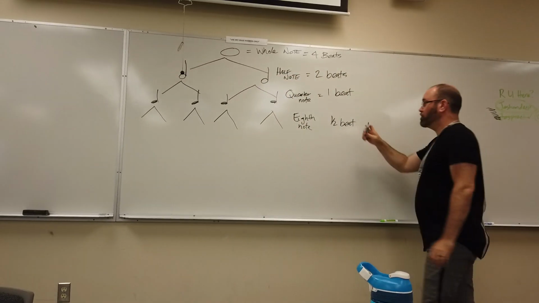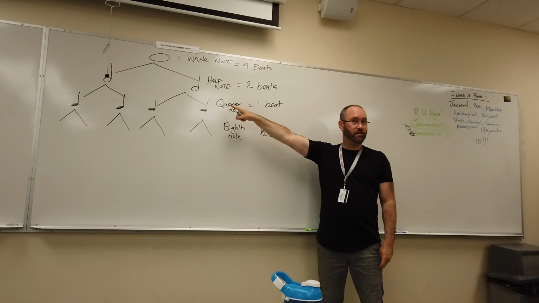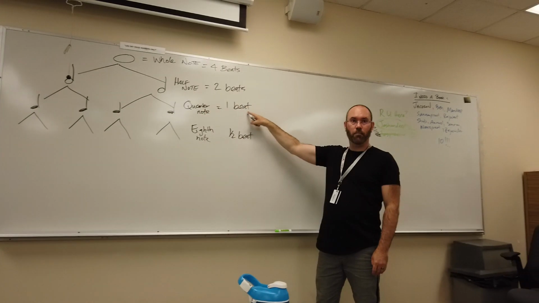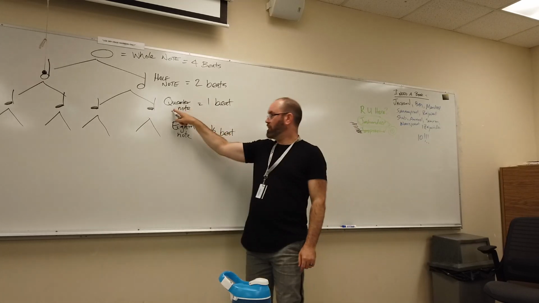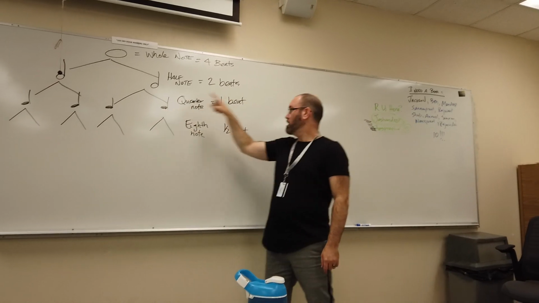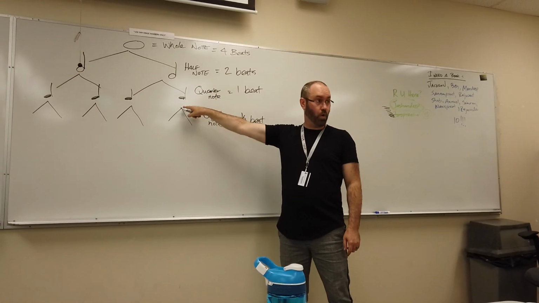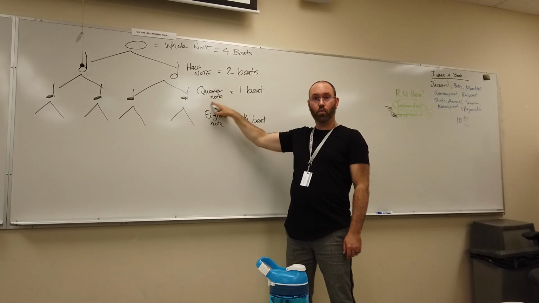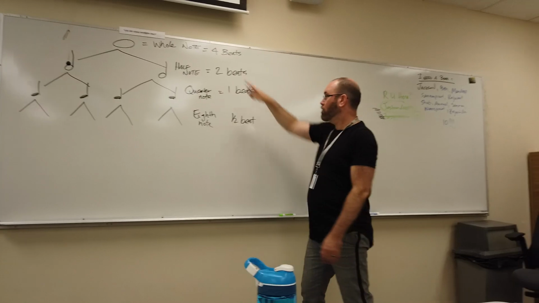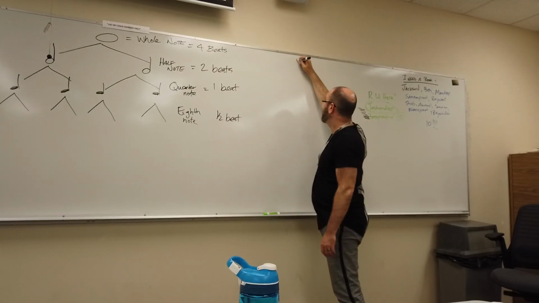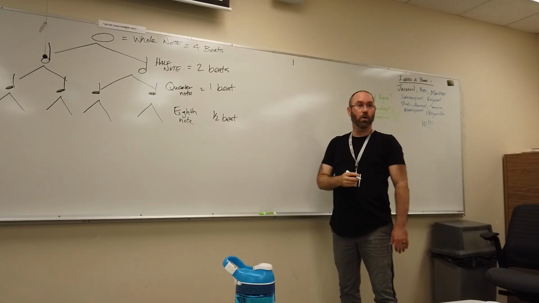So the reason why we use words for this and numbers for this is because we don't want to mix them up. This is the name of this note, but this is how much it's worth. The name is a word, the number is a value, how much it gets. We could do whole, one whole, right?